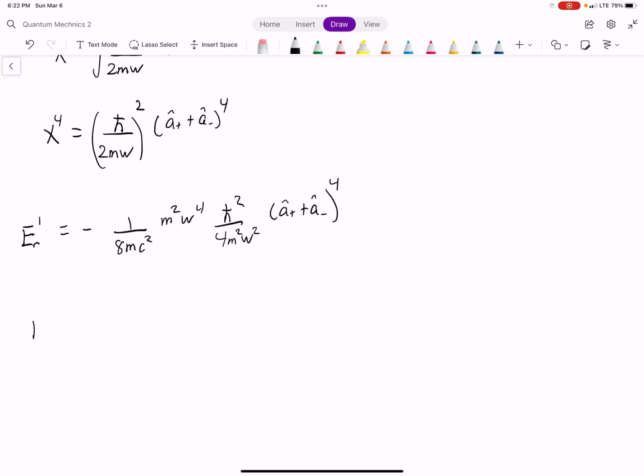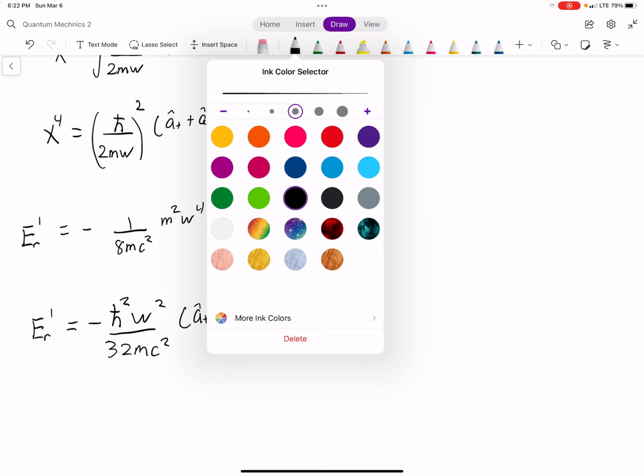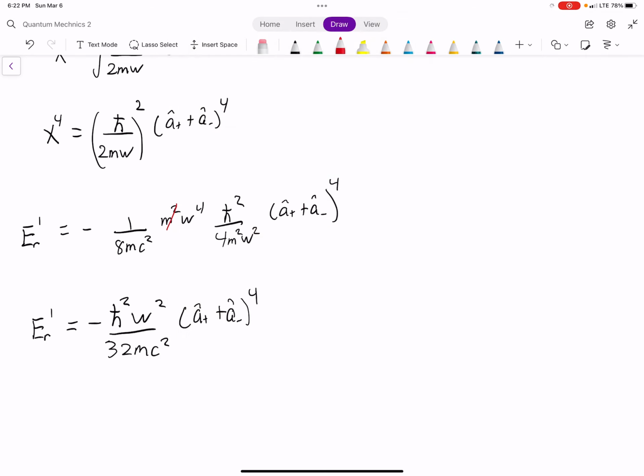Okay, our energy correction can then be simplified to minus h bar squared omega squared over 32 mc squared, and then this guy. Okay, so m squared will cancel with some of these, and then 8 times 4 is 32.